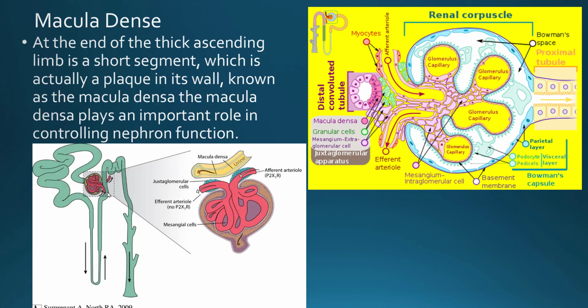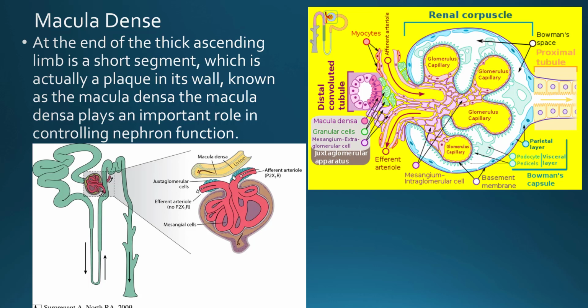Here you can see the ascending loop of Henle and the thick loop of Henle. Beyond the thick loop of Henle is a short part of the tubule called the macula densa, which passes in front of the Bowman capsule, where the arterioles enter and leave the capsule.